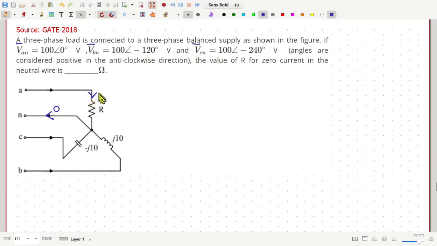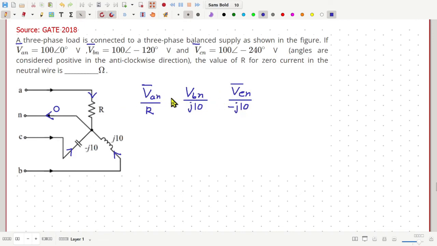Now this current here is VAN divided by R. Then this current is VBN divided by J10, and this current is VCN divided by minus J10.